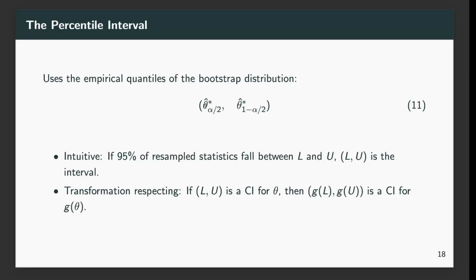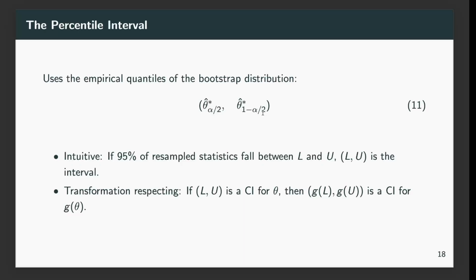This is given by the θ̂* of α/2 and the θ̂* of 1 − α/2. For example, when α is 0.05, for a 95% interval, we take the 2.5 and 97.5 percentile of the Bootstrap distribution. It is as simple as that.